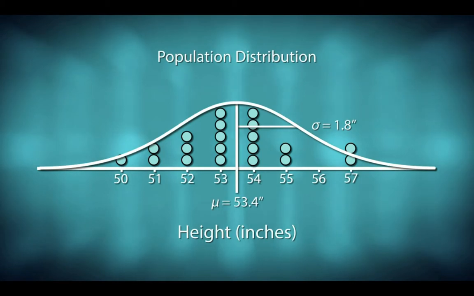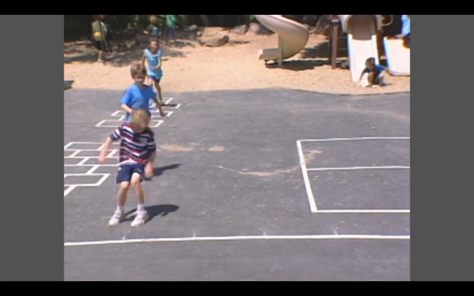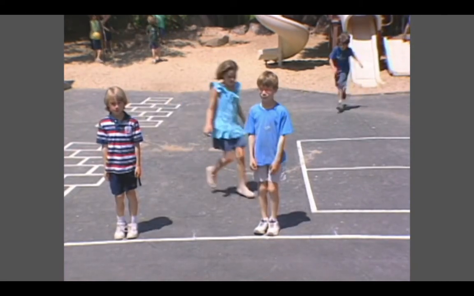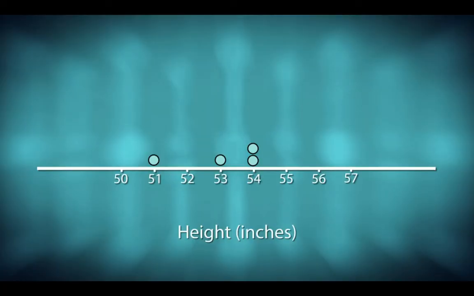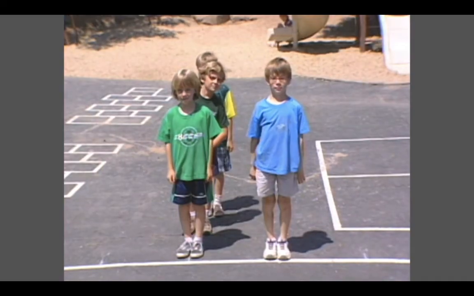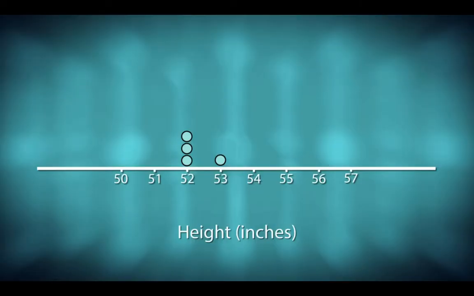Okay, now we're going to take some random samples from our population. Here comes the first sample of 4 students. Throughout this example, we're going to stick with 4 as our sample size. Once again, we calculate the mean. In this case, the sample mean, or x bar, which comes out at 53 inches. Now we take a different random sample of 4. This time, the sample mean is 52.25 inches.